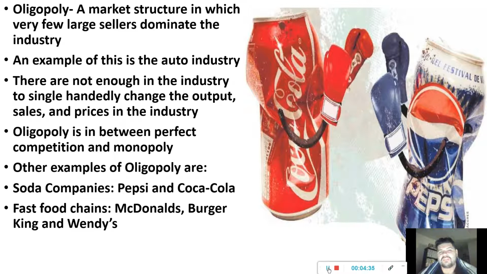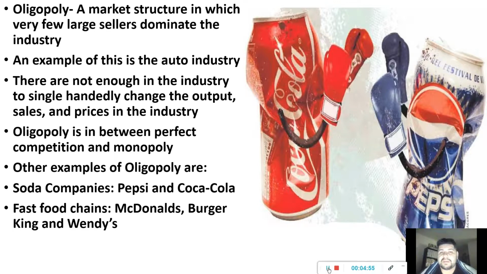So there's at least two, maybe three or four or five, something like that. But there's at least two, and they're basically in the same range of power, and they're still fighting for your dollar.